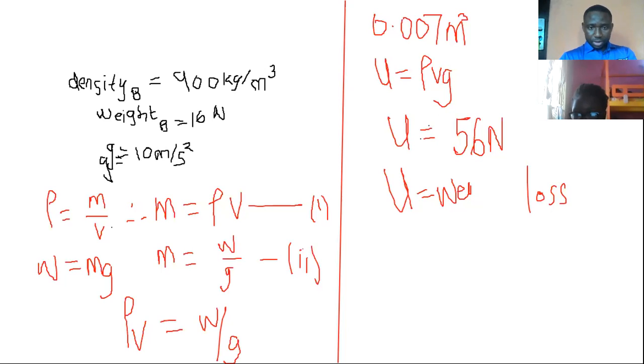Number 2: a pencil of mass 5 grams can be balanced horizontally on a knife edge at a distance of 3 centimeters from the plane end when a mass of 2.5 grams is hung from this end.